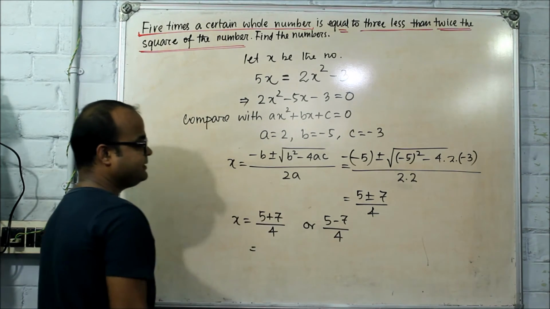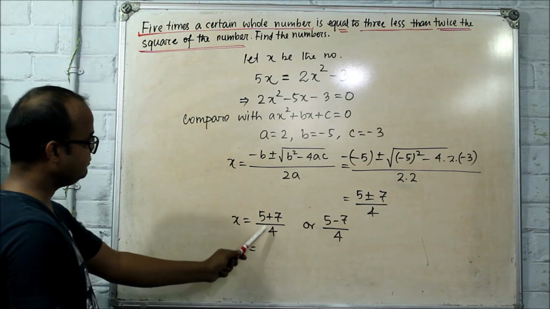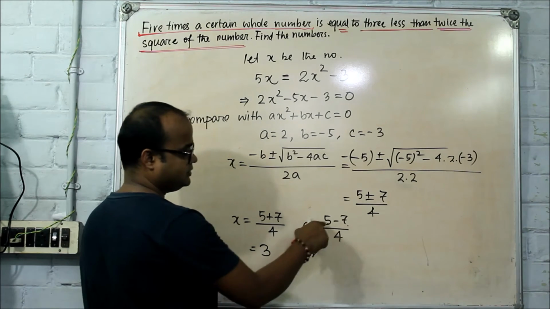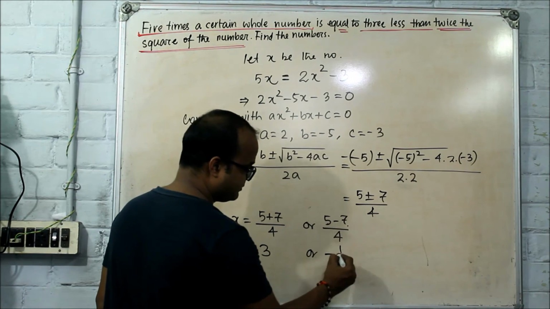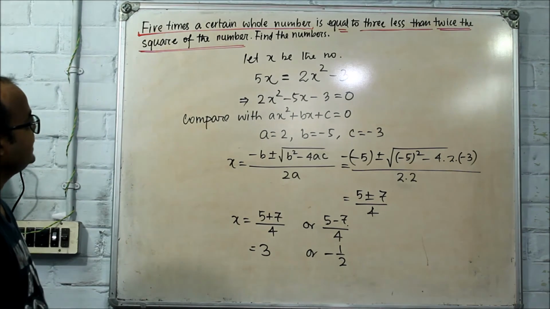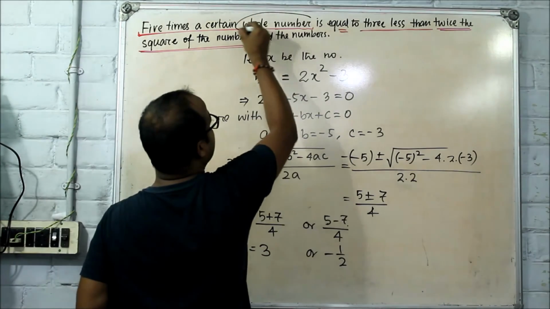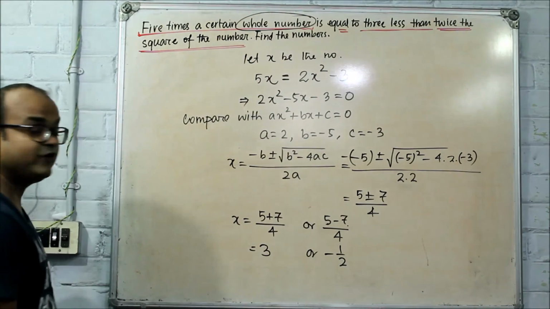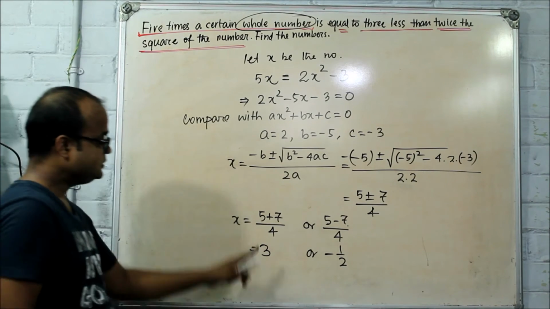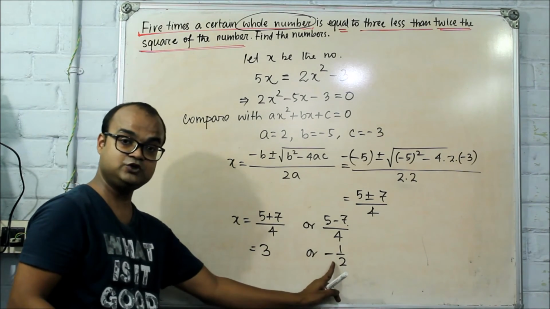So 5 plus 7 is equal to 12. 12 by 4 is equal to 3, or 5 minus 7 is equal to minus 2 by 4, that is minus 1 by 2. Now, 5 times a certain whole number, we are getting the two values of x as 3 and minus 1 by 2.